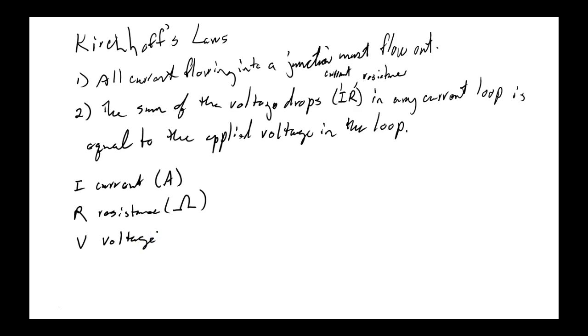This is usually applied voltage, not the voltage drop. The unit for voltage is the volt, named after Alessandro Volta, and that's why it's capitalized, just like A is named after Louis Ampere. And even the resistance, Omega, is a capital Omega because it's named after Ohm, Georg Ohm.